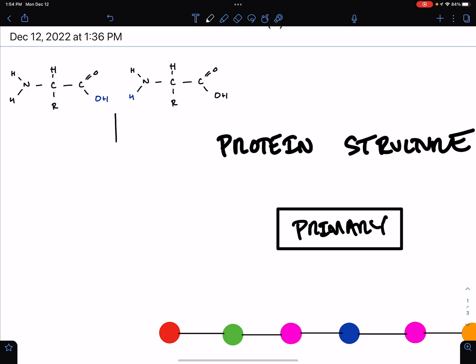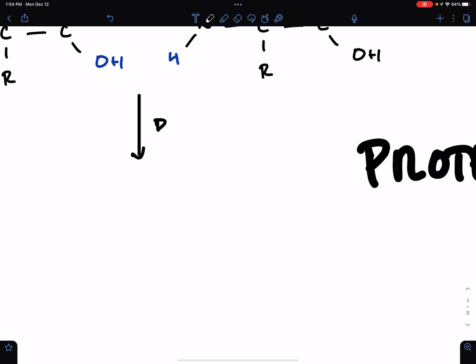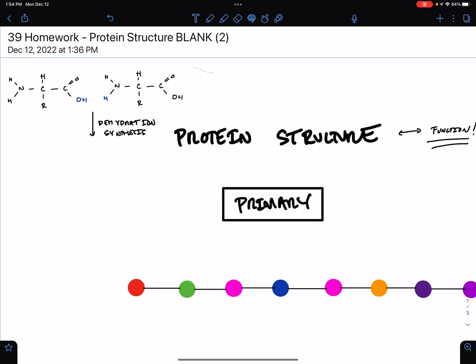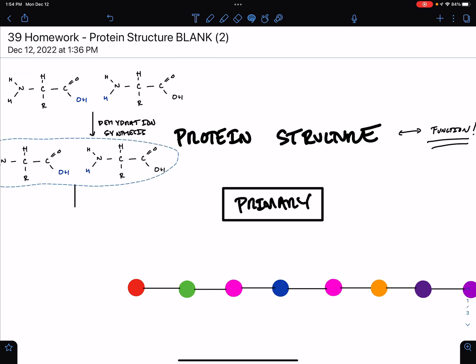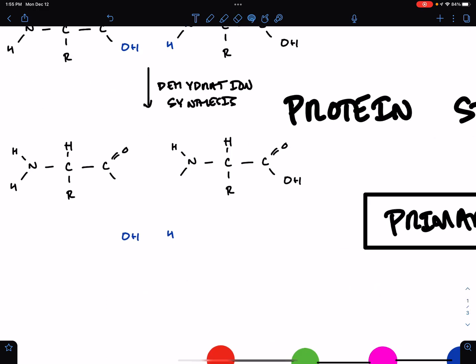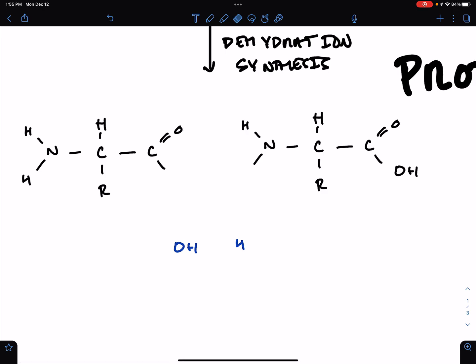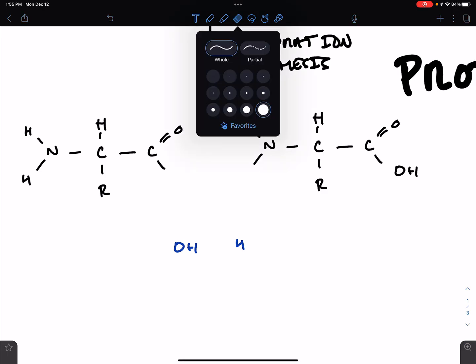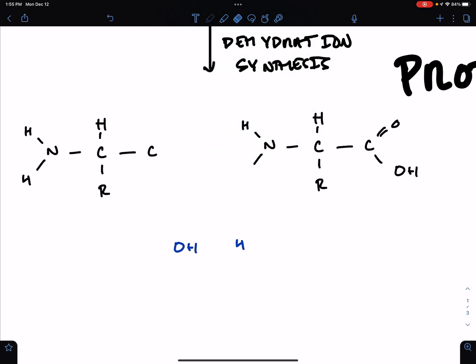You know that if you bring these together to form a dehydration synthesis reaction, what happens is you pull a water out of this. Just for ease of drawing, I'm going to draw it like this.